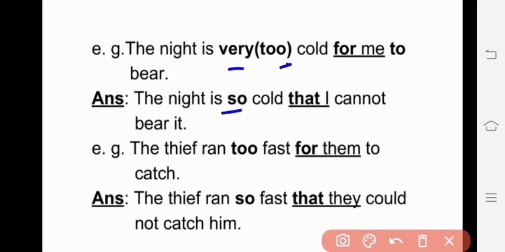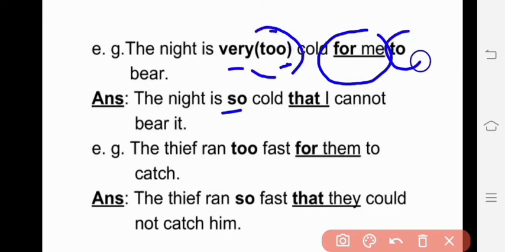So the night is very cold or too cold for me to bear, meaning to tolerate. So here "for me". If this kind of sentence is available with "to", here "to" is given with "for". So how can you convert?